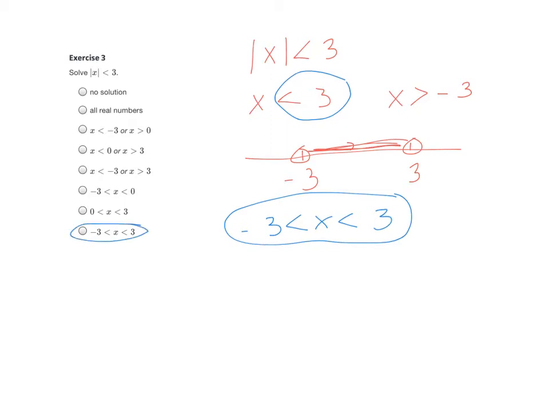Alright, let's take a look at the next one. So once again, I've got absolute value of y greater than or equal to 4.5. I just want to ask, we know that this is going to be positive. Is a positive greater than 4.5, or can a positive be greater than 4.5? And the answer is yes, it can be.